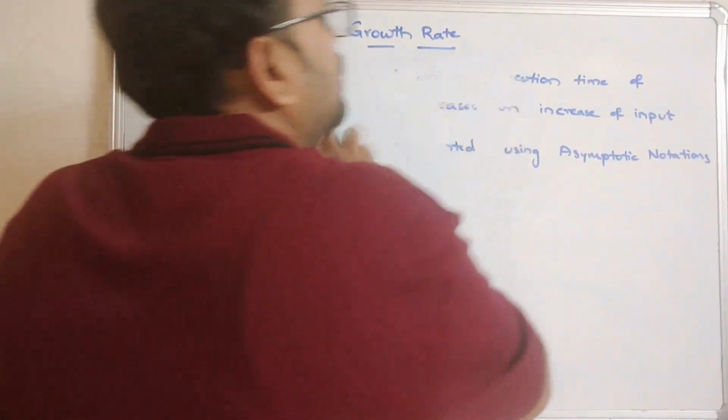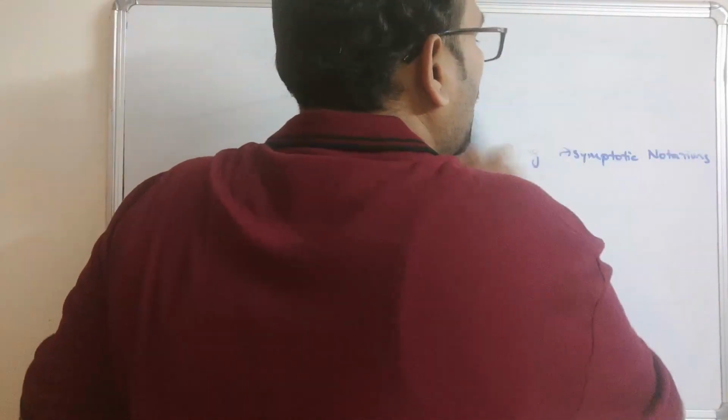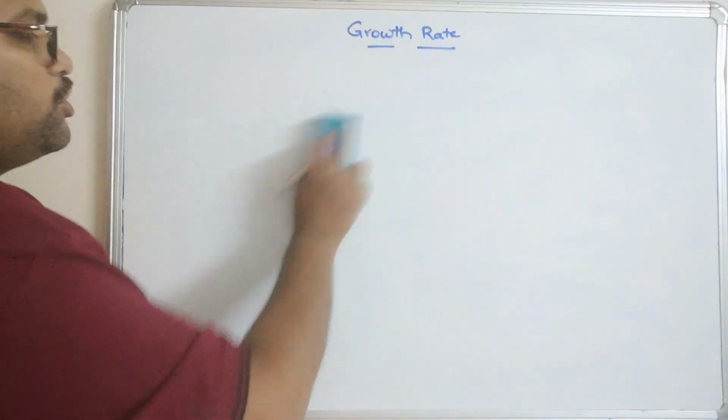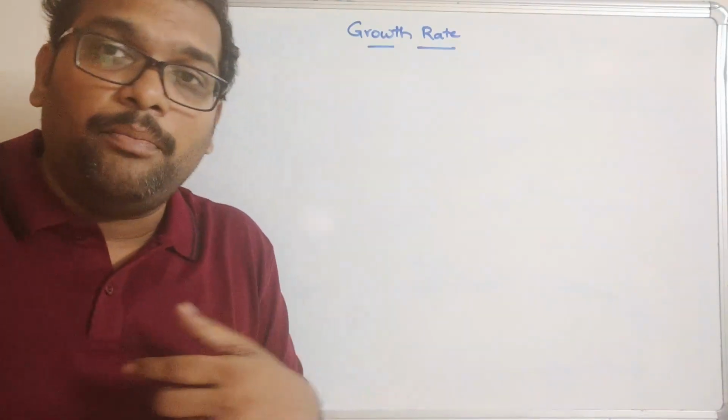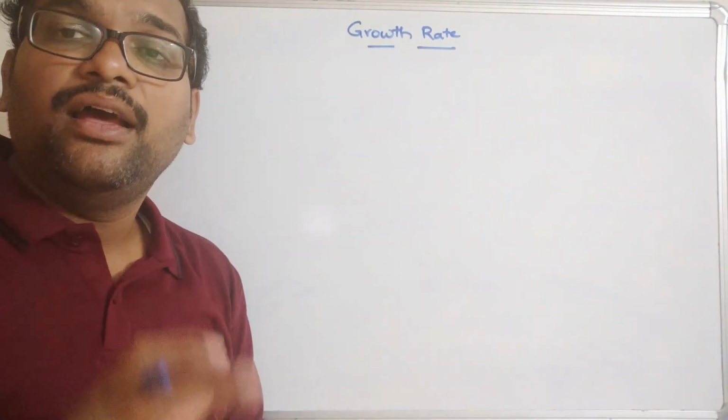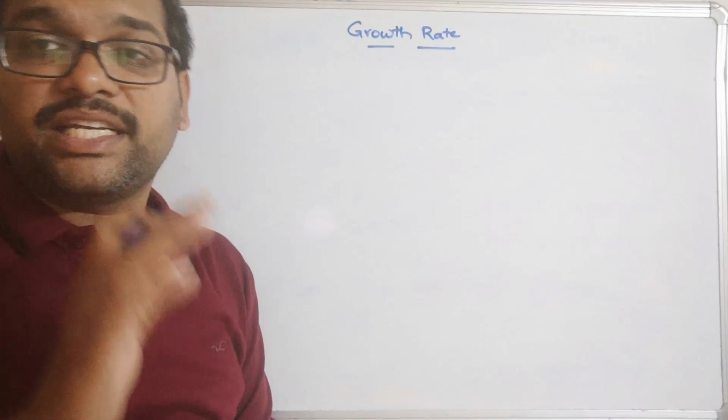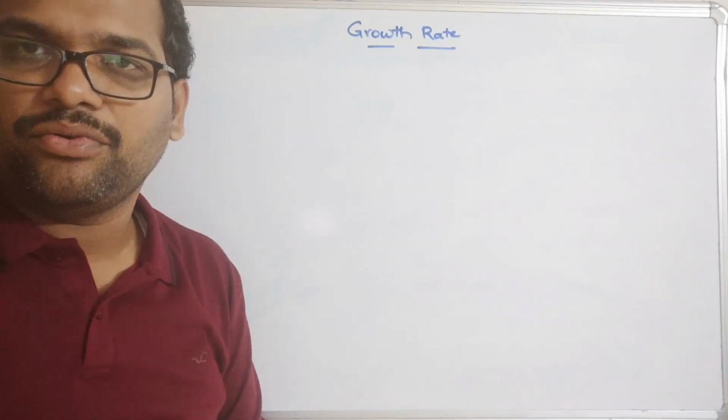Now we will see the order of growth rate from smallest to largest. Always the time complexity will be represented using big O notation. That means a worst case scenario, right?